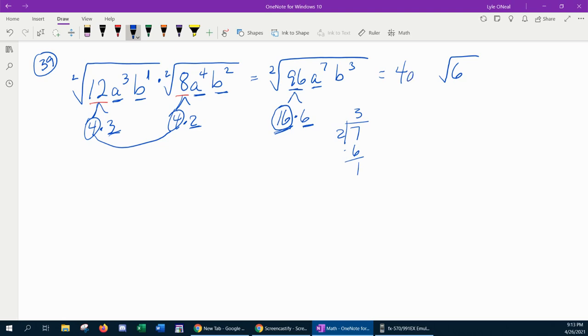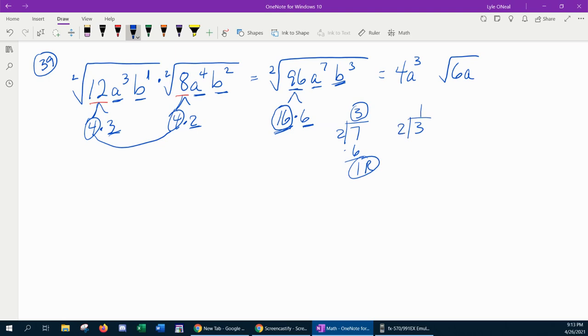So that means that I can bring out 3 a's. Remember, the quotient is how many you bring out. The remainder is how many are left over. There's going to be 1 a left over. And then for the b, we're going to divide the exponent by the index.